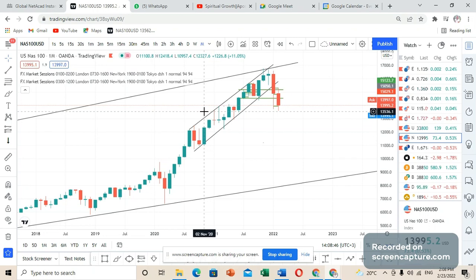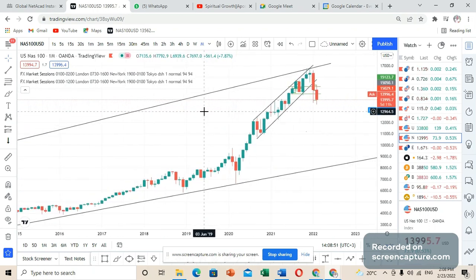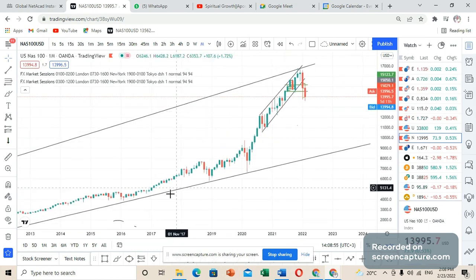Looking at NAS 100 from the monthly time frame, you can see that, like any other commodity, pair or index traded, we usually have a lower side and a higher side.